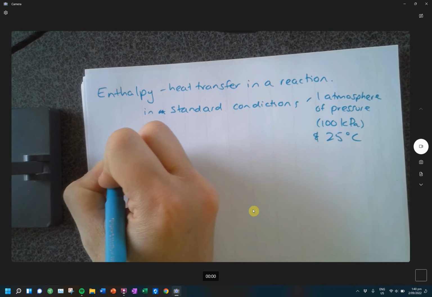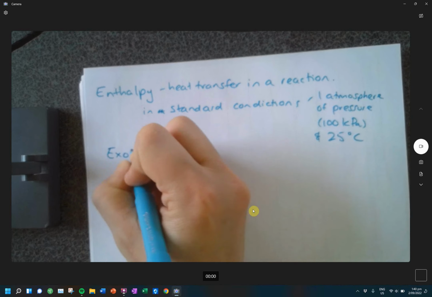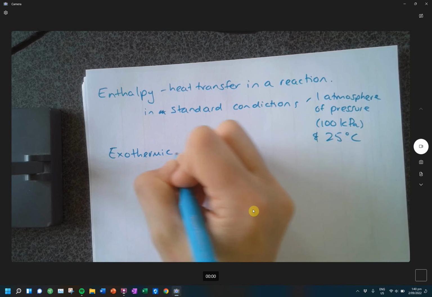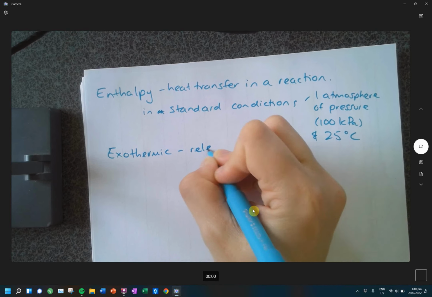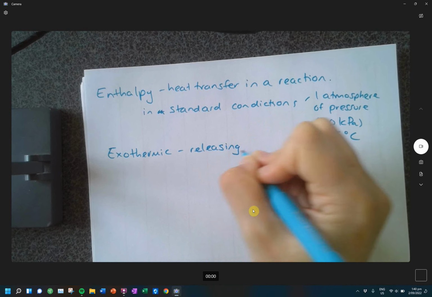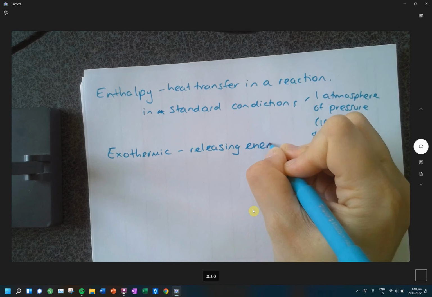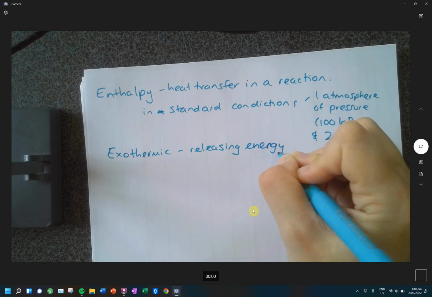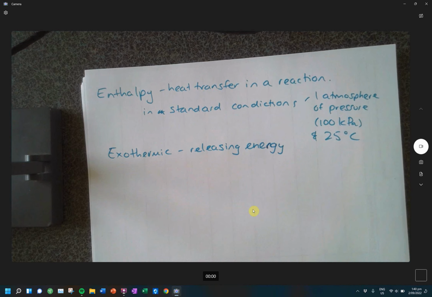So we have those terminologies, exothermic, which is releasing energy. When you guys are looking at the graph, if you ever see an exothermic reaction, actually let's go through things that we can use to help identify if we have an exothermic reaction.